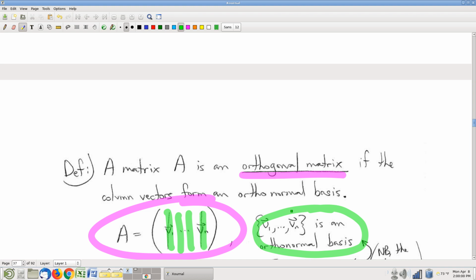Now, first a terminological discussion, complaint, confession. Doesn't it feel like this should be called an orthonormal matrix? I feel like this should be called an orthonormal matrix. And I've brought this up with colleagues on a couple of occasions.